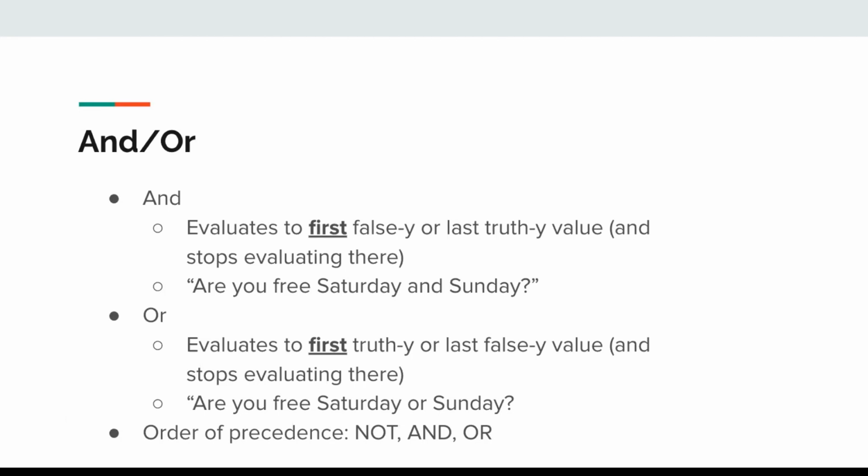An example using common language would be: are you free Saturday or Sunday? When we evaluate using Booleans, we evaluate in this order of precedence. First we evaluate expressions containing a not, then expressions containing and, and then finally expressions containing or. You can think of this as order of operations, but for these operators instead of operators like addition and subtraction with math.